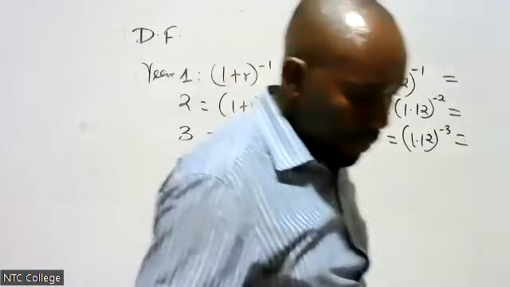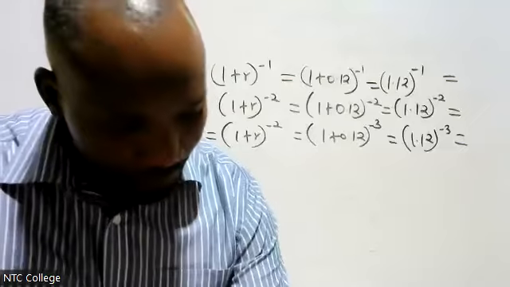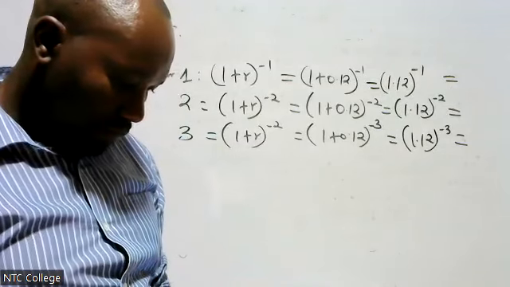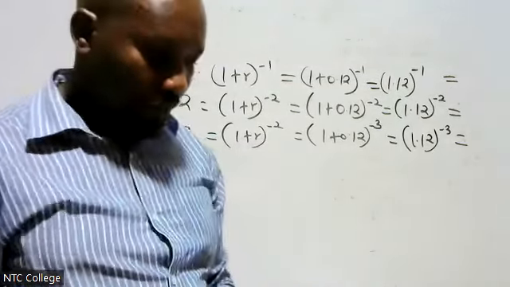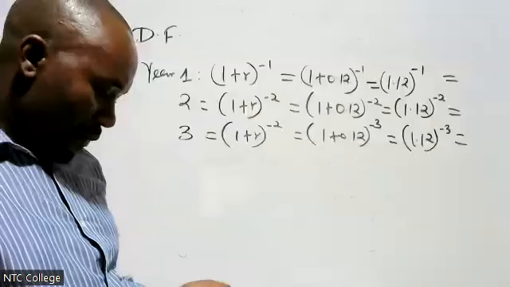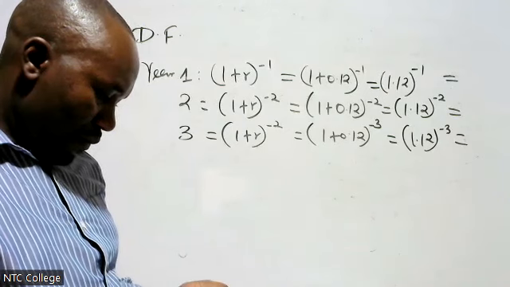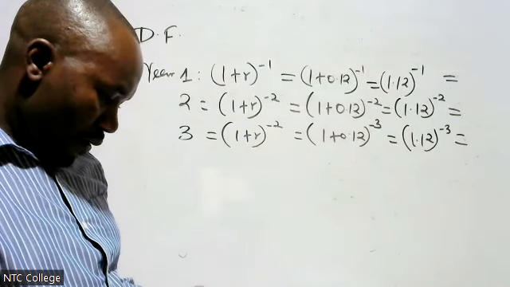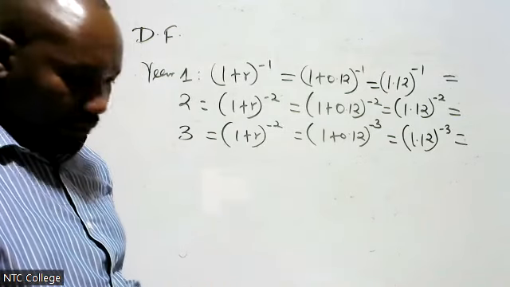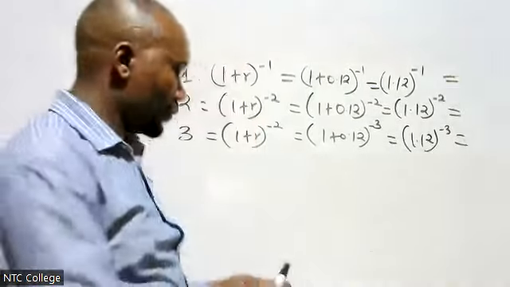Discounting factors, then we go. What are the figures? Year 1 is 0.8929.